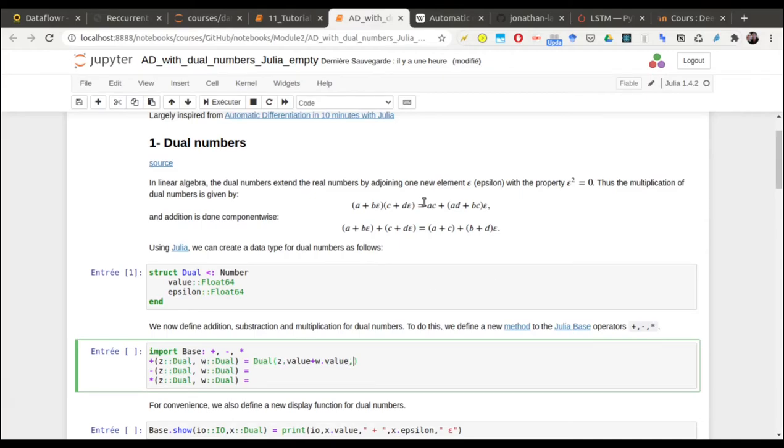So this is this quantity, A plus C. And now for the epsilon part, this is just the sum also of the epsilon parts. Okay, I need to do the same thing for minus.